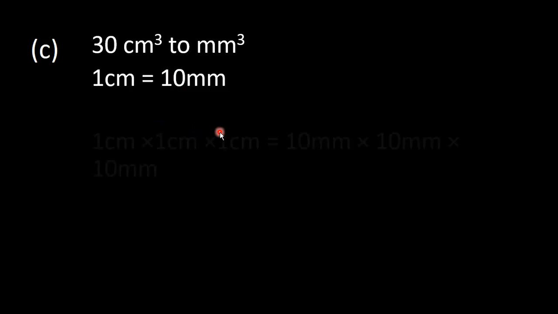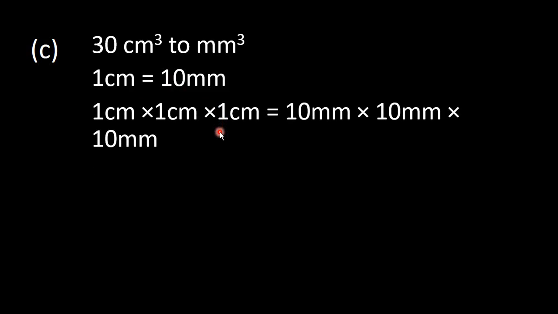And if we cube on both sides, it simply implies that 1 centimeter cubed is the same as 1 centimeter times 1 centimeter times 1 centimeter, which is going to be equivalent to 10 millimeters times 10 millimeters times 10 millimeters. And that will give you 1 cubic centimeter is going to be equivalent to 1,000 cubic millimeters.